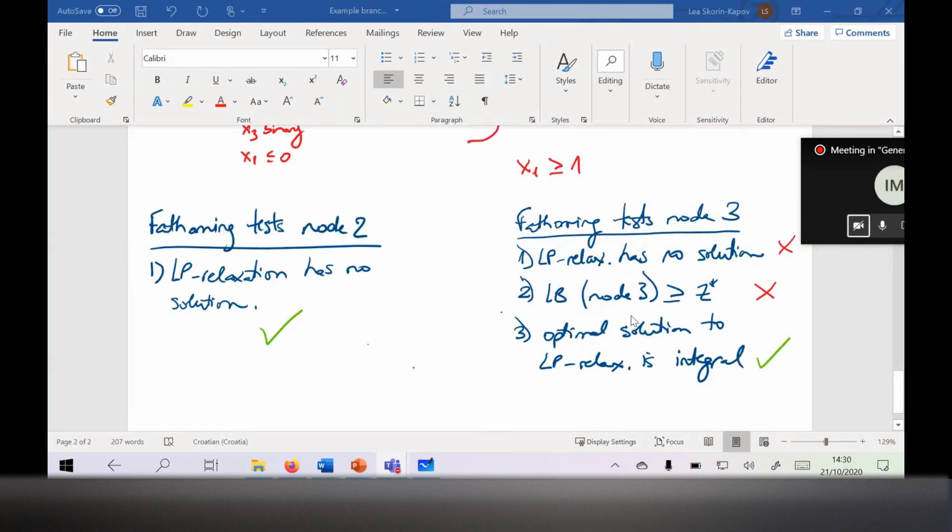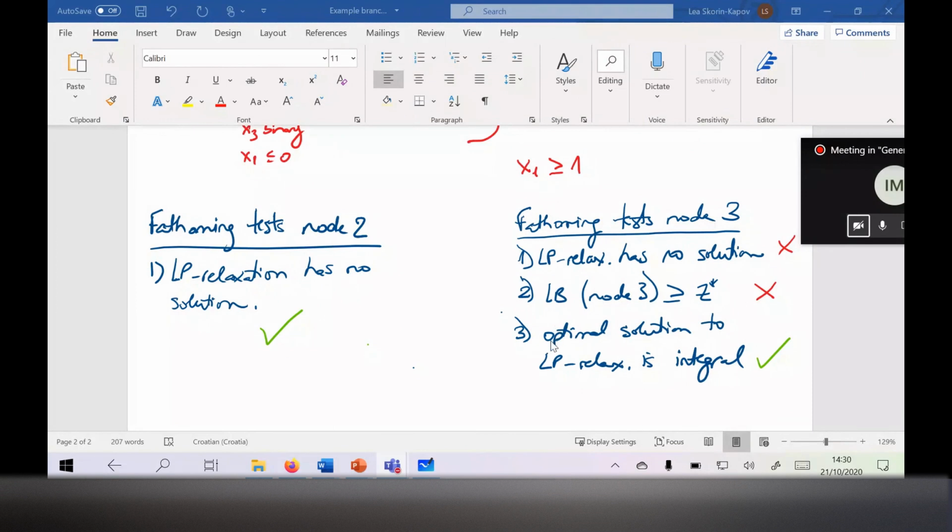Is the lower bound greater than or equal to the best solution we have so far? Because if it is, then there's no need to go further, since we're trying to find a better solution than the one we have. If the lower bound is already greater than what we have, there's no better solution in that sub-branch, so we don't need to keep looking. But in this case, that's not true, so we should keep going.